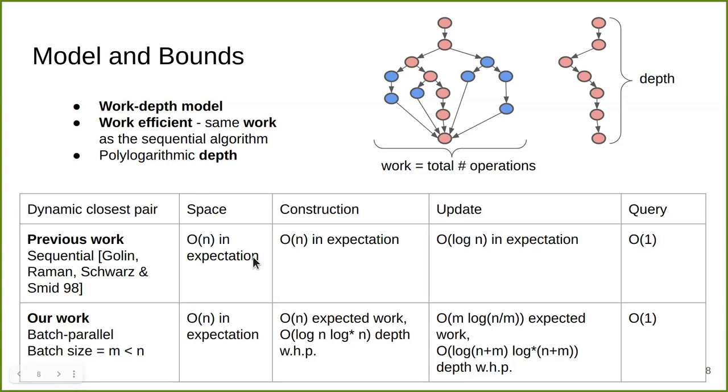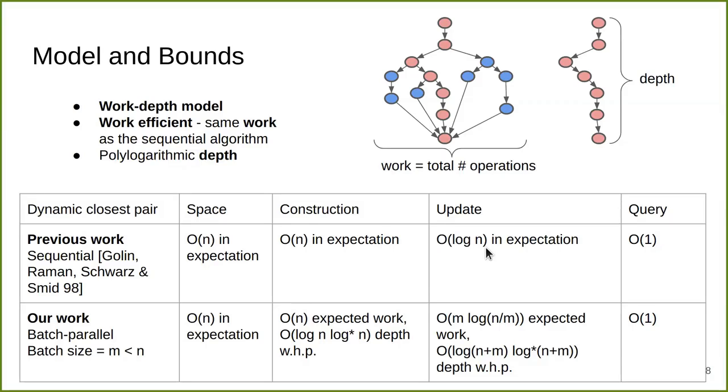Both of these data structures take O(n) space in expectation. For construction, both of them take O(n) work in expectation. Since we construct in parallel, we also have polylogarithmic depths. For the sequential data structure, each update takes log n work in expectation.